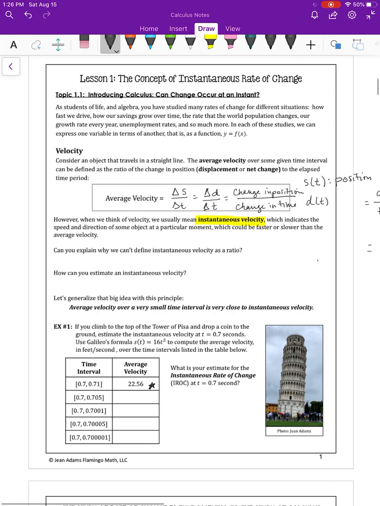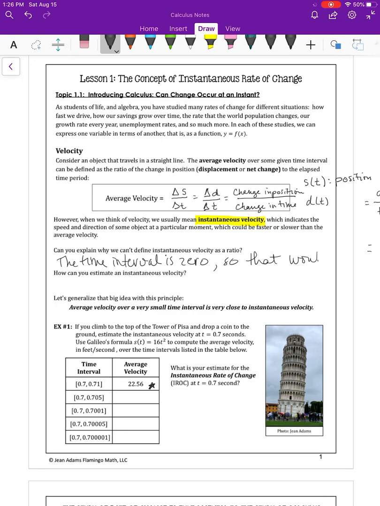So our question here says, can you explain why we can't define instantaneous velocity as a ratio? The time interval is 0, and so we would have division by 0. So that's why we can't. So the time interval is 0.